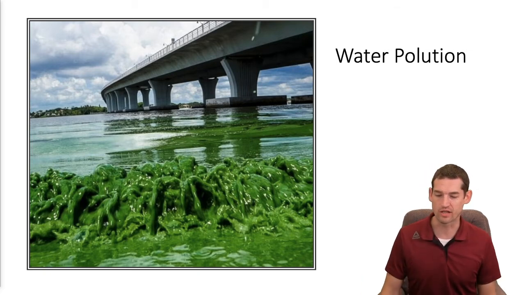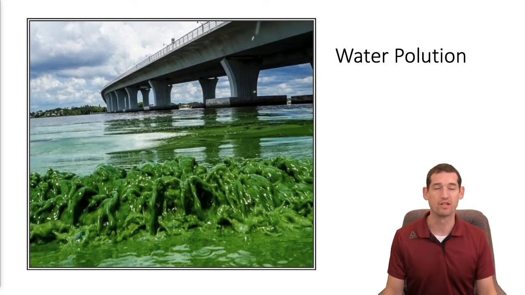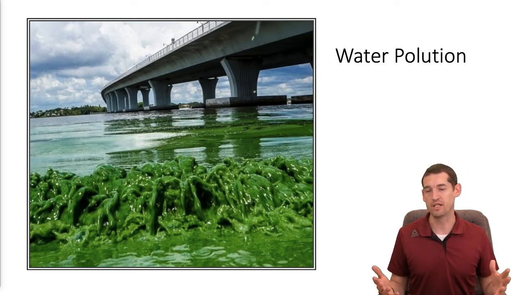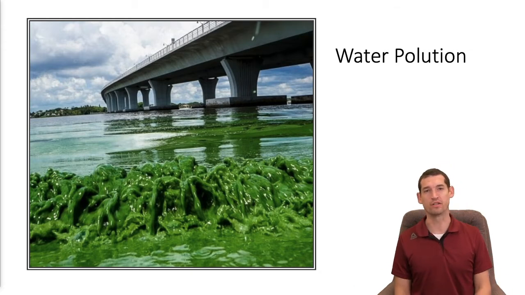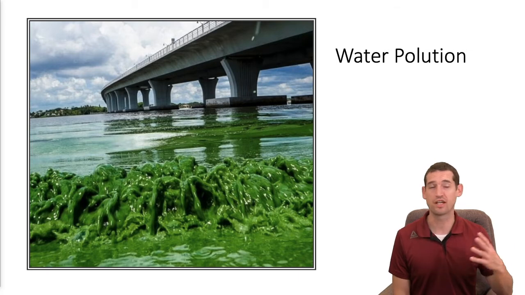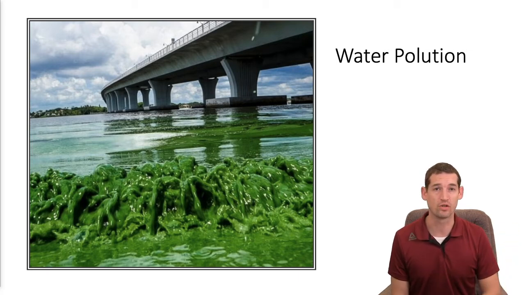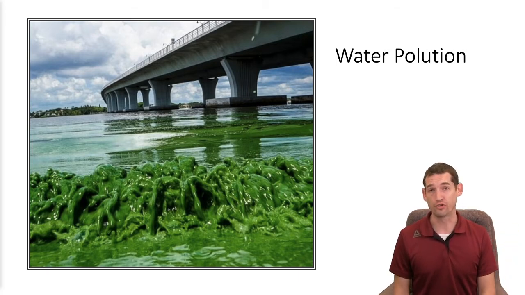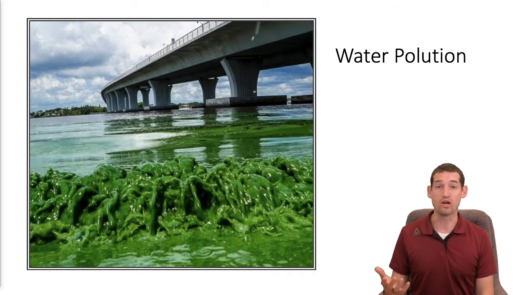The next one is inorganic solids and dissolved minerals. In a broad term, think fertilizer, although there are other solids that might be included here. This could be natural, like the phosphorus cycle or nitrogen cycle getting into the water, but it could also be over-fertilizing or just runoff from fertilizer.